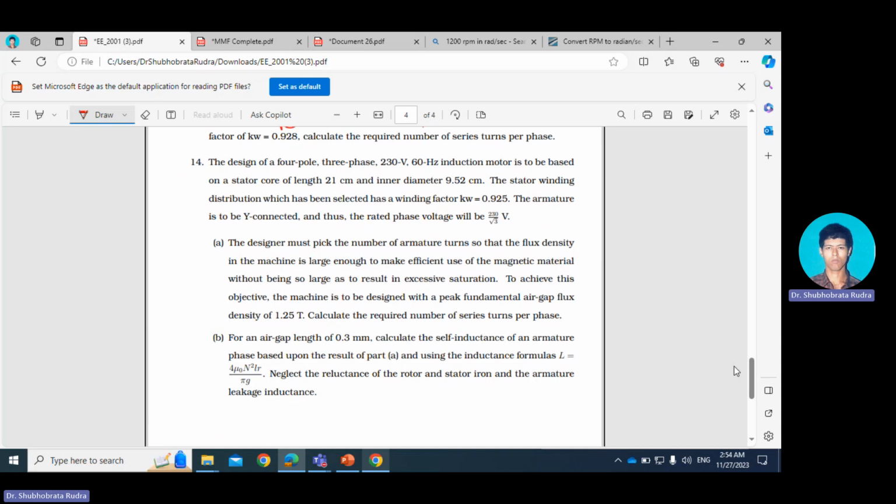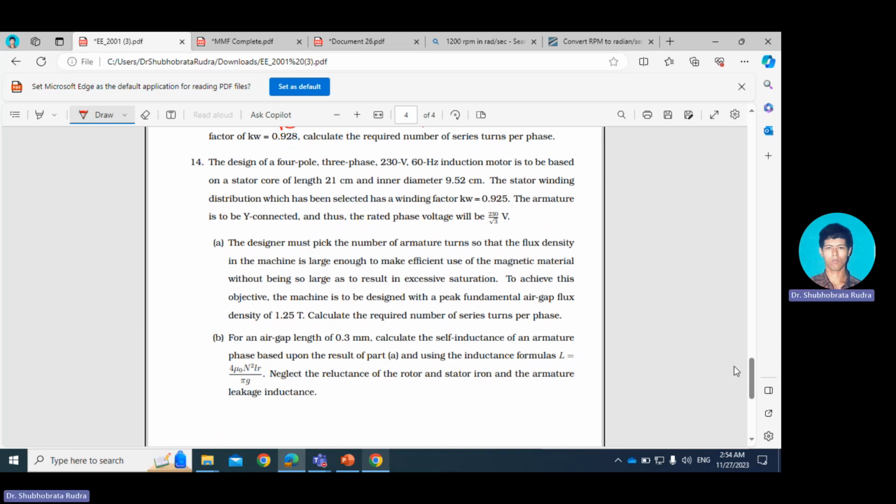The designer must pick the number of armature turns so the flux density in the machine is large enough to make efficient use of the magnetic material without being so large as to result in excessive saturation. To achieve this objective, the machine is designed with a peak fundamental air gap flux density of 1.25 Tesla. Calculate the required number of series turns per phase.